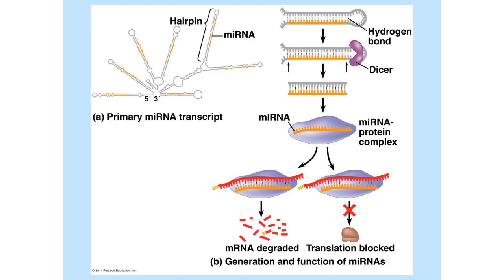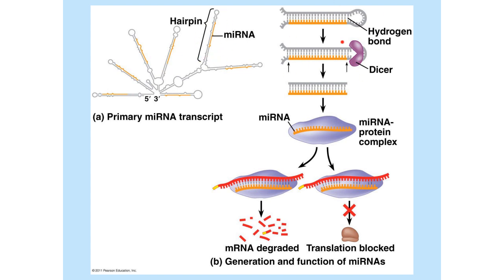So let's look at this a little more closely. The primary RNA transcript can have a whole bunch of these hairpin structures in it. This is what we call secondary structure, when a single-stranded RNA can take on a shape because regions in the middle are complementary to the regions across from them. Now, this is the microRNA we're going to take a closer look at.